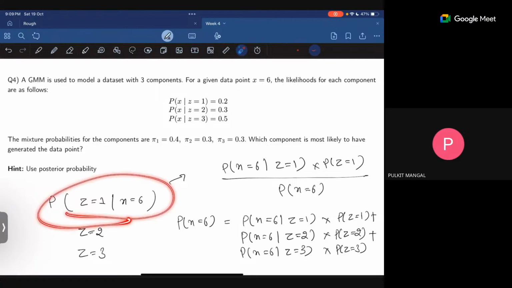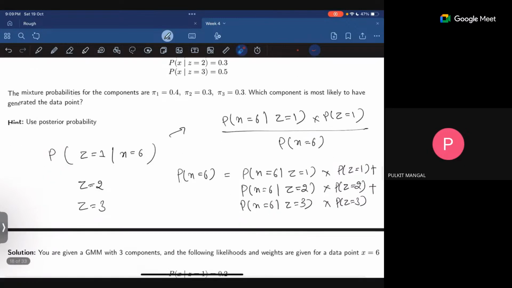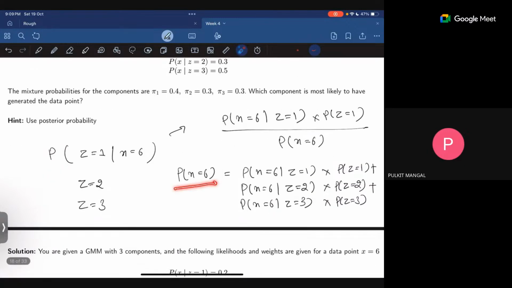Using Bayes theorem, we can write this probability as probability of x equal to 6 given z equal to 1 into probability of z equal to 1, divided by probability of x equal to 6. Probability of x equal to 6 you can write using the total probability, summing across all the components, that is z equal to 1, 2 and 3.